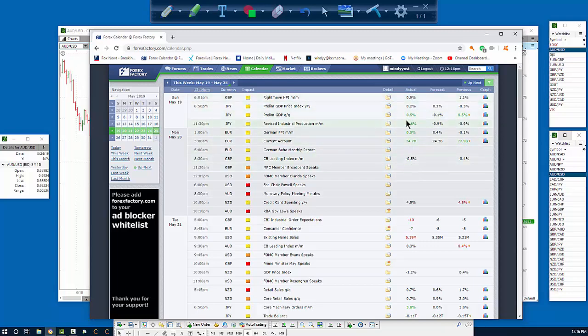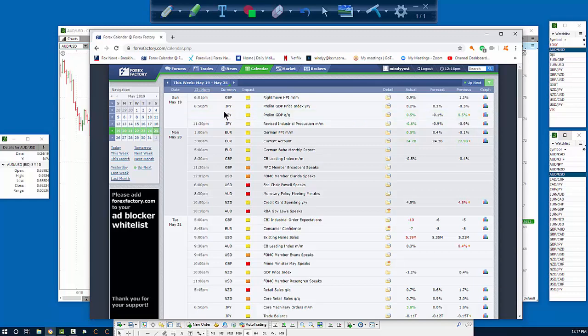In this case, with the Japanese preliminary GDP, the number came out a lot better than expected, because they were thinking it was going to come in at negative 0.1%, when in fact it came in at 0.5%, to the positive.